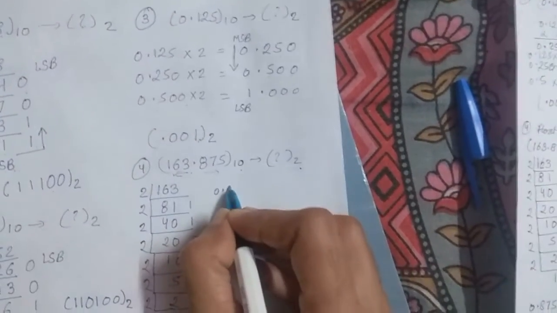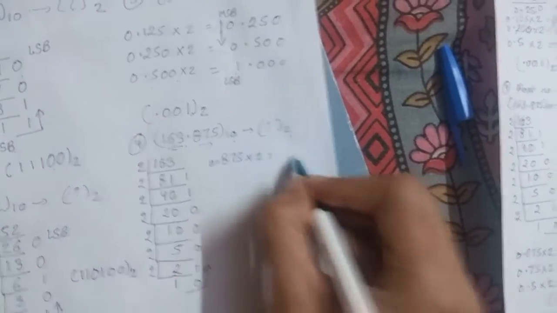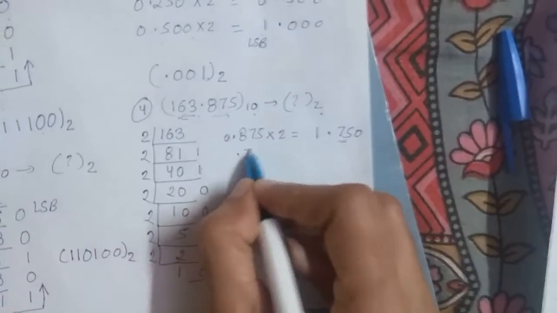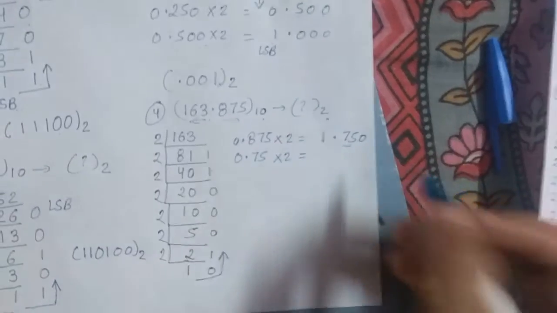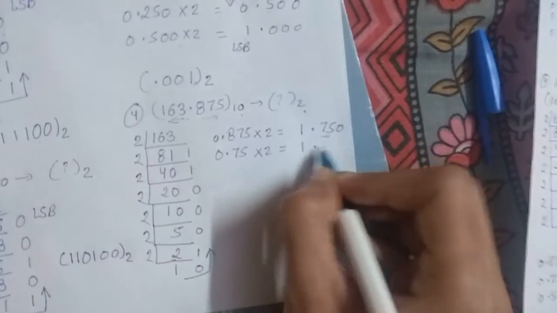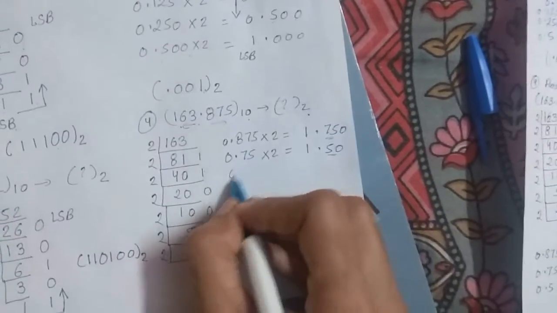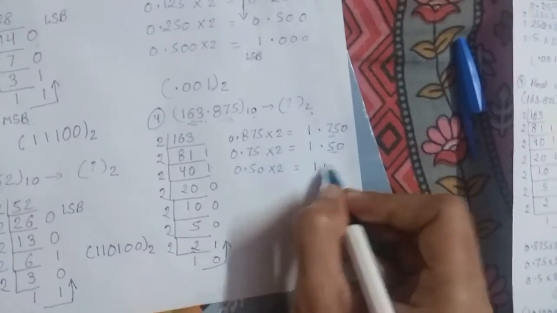Now solving for 0.875, multiplying it by 2 gives 1.750. Now the number which appears after the decimal point, we again multiply by 2. 0.75 into 2, you can write it here as 0, it has no effect. It will give 1.50. Again 0.50 into 2 gives 1.0.